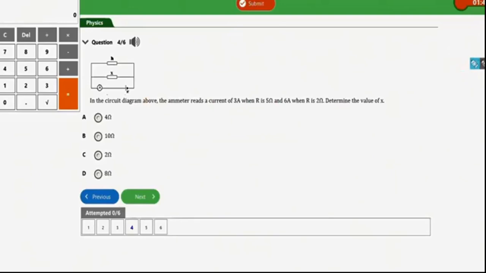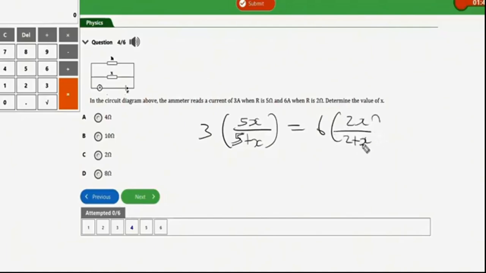This is the formula we're going to apply to solve this kind of problem. It's going to be 3 ampere times, so let's put everything in brackets, 5x over 5 plus x, equals 6 ampere times 2x over 2 plus x.